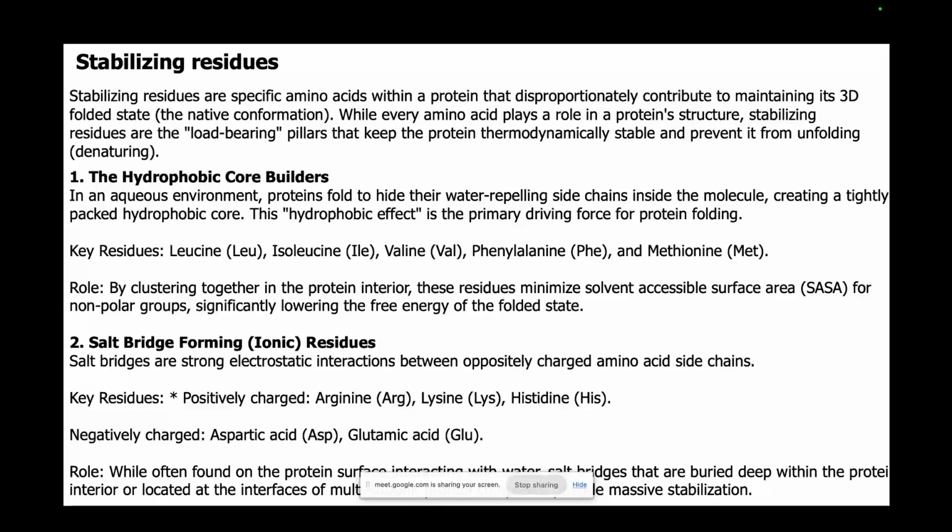So these hydrophobic residues are quite important in maintaining the protein structure, because they make up the hydrophobic core which gives the protein its basic structure.